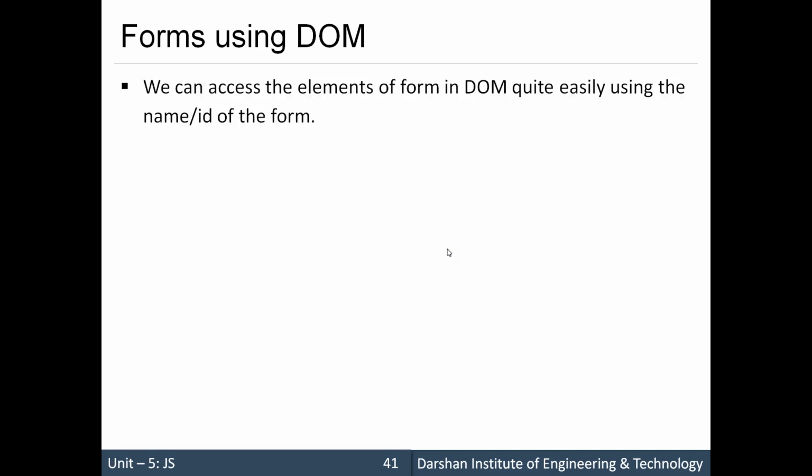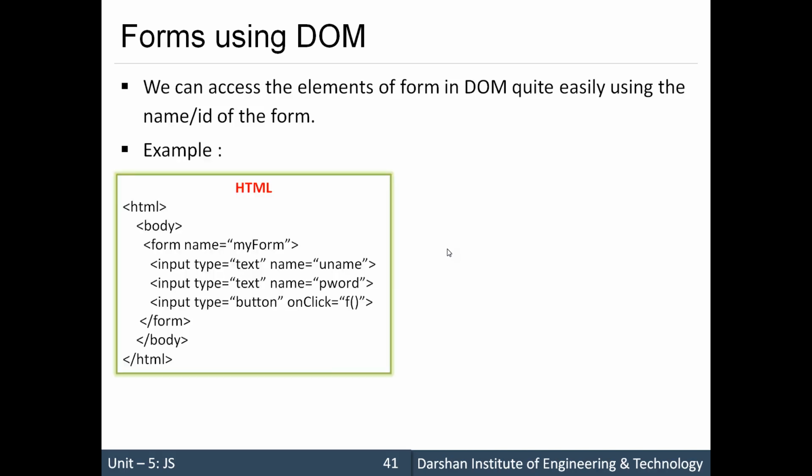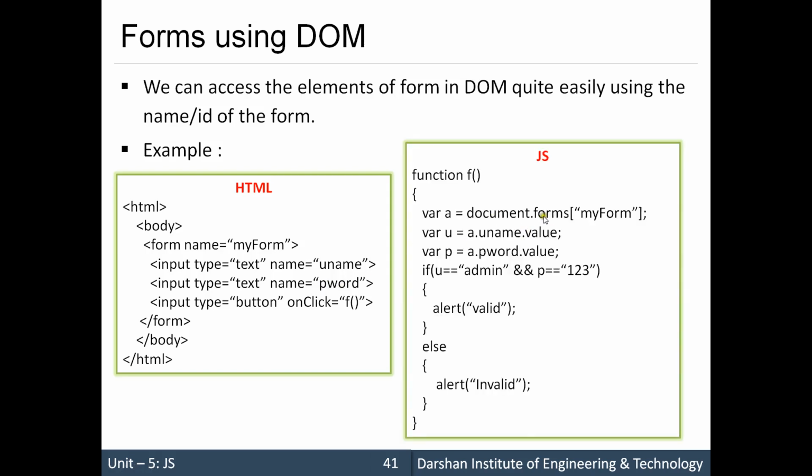So we can access the elements of a form in DOM quite easily using the name or ID of that particular form. Let's see an example. If we have a form with some name and some inputs inside it, and we want to access these values, for example uname and password, we can easily get them with the help of one array, and that array belongs to the document object.